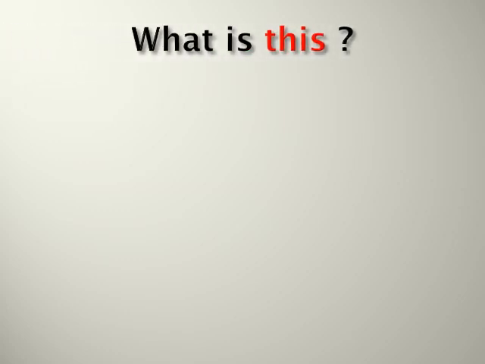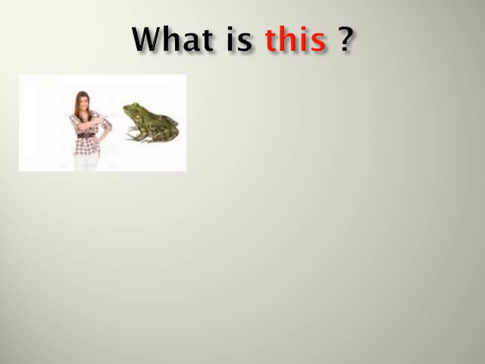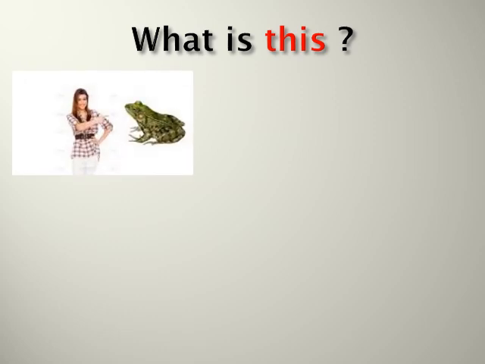Well, there is a question, what is this? There is a girl and a boy and they show something. Let's go through the pictures and the sentences. In the first picture, the girl shows a frog. This is a frog.